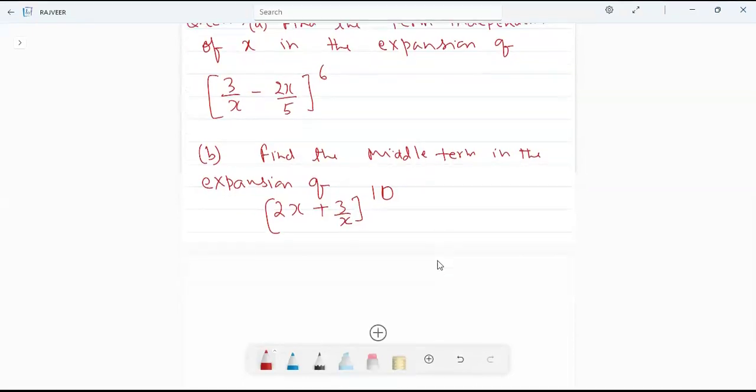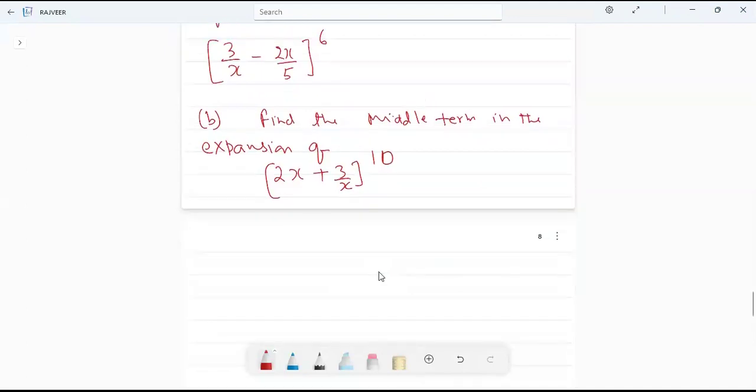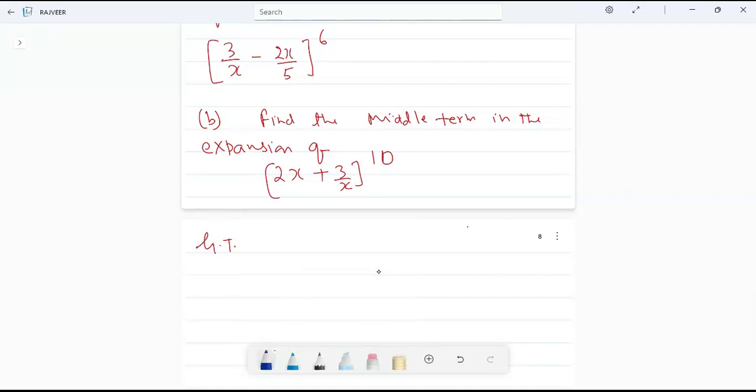Find the general term. Yes, I have the general term. The general term is taken as nCr, that is 6Cr, we are doing first.